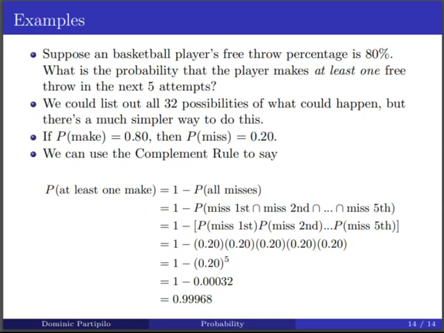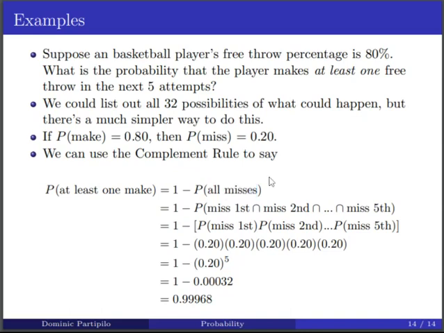And the way to make this problem a lot simpler is to observe that the complement of at least one make is to miss all the baskets. Because think about it. If the player makes the first basket, the player's already made at least one basket. Or if the player makes the fourth basket or the second basket or two of the baskets, the only way that the player could not make at least one is to miss all of them.